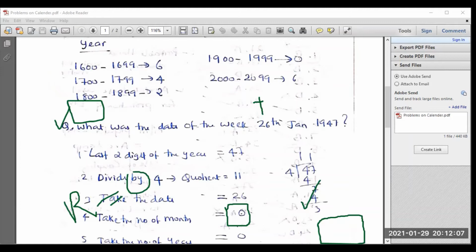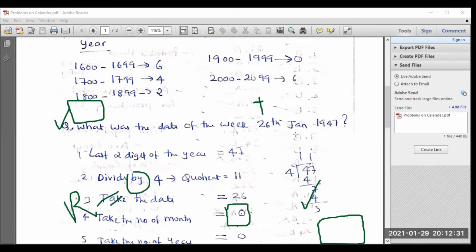I'm searching on 1947. I have got 1947. Then month is January. Date is 26th. You tell me, is it Sunday? Yes, of course. The day for that particular date, 26th January 1947, falls on Sunday.